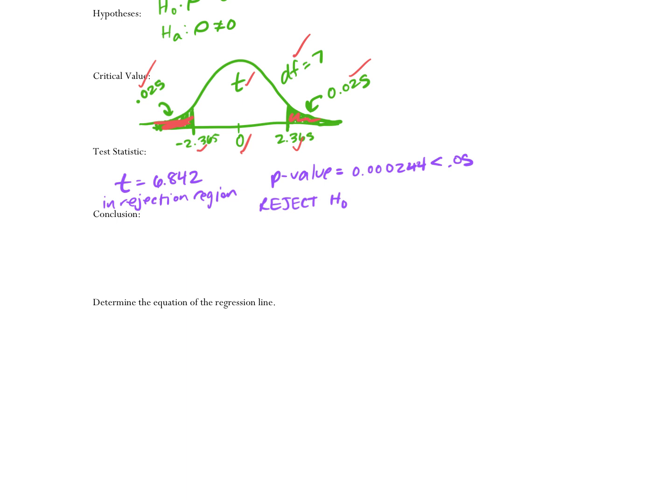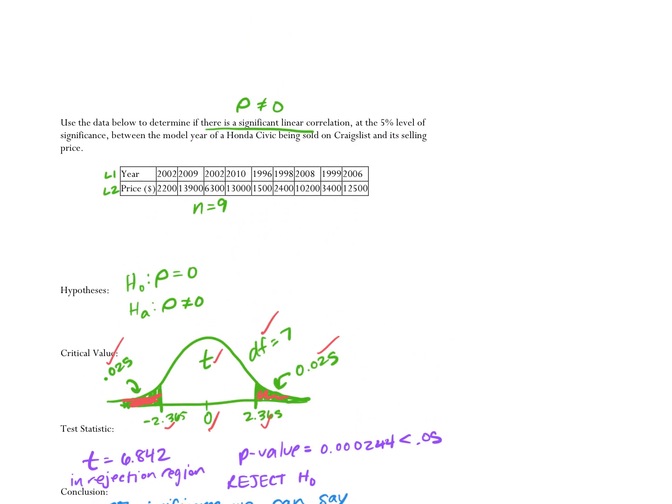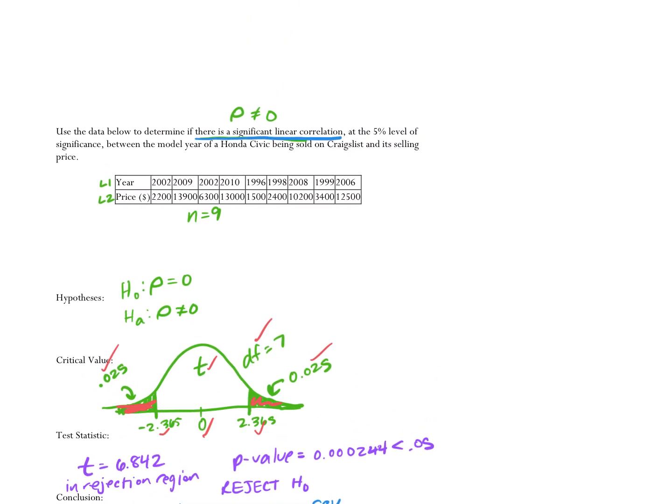All right, you guys, your conclusion is always going to start with however many, in this case we're using 5% significance. We can say, and steal the wording from the question, though if you wanted to, this one we might narrow down a little bit.